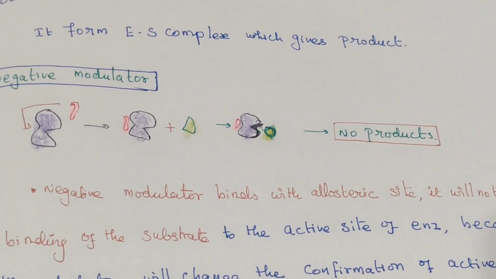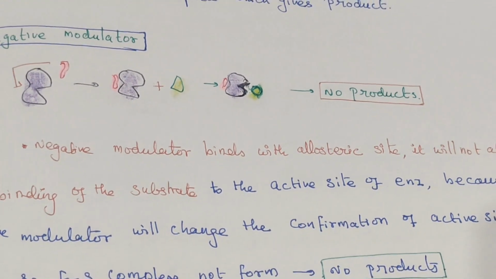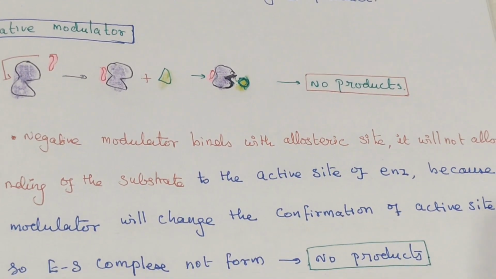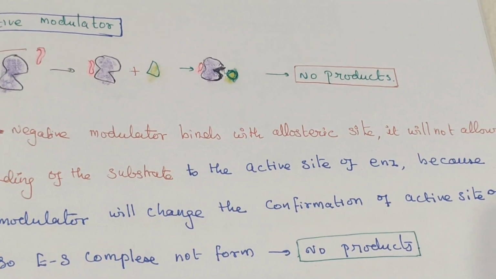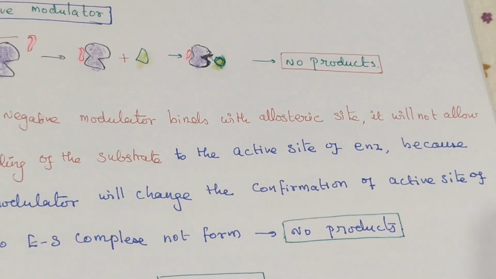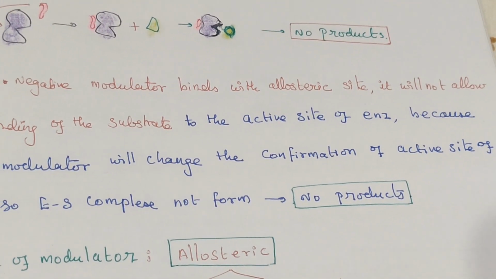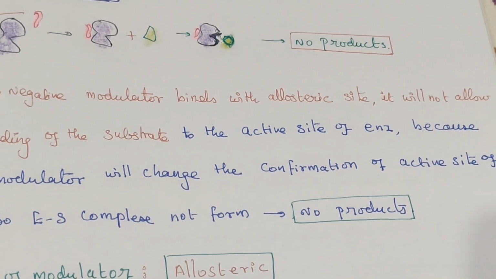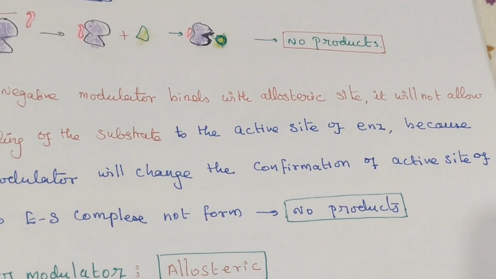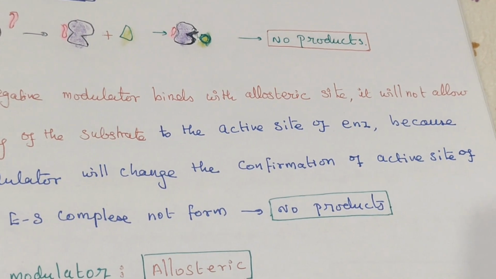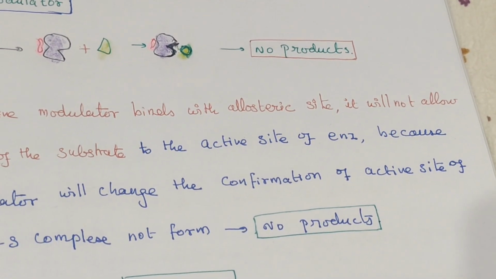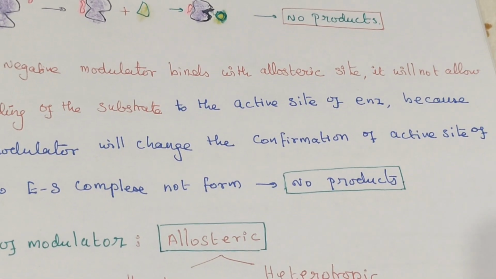In the case of a positive modulator, the active site is allowed to bind the substrate, thereby forming the product. Whereas in the case of a negative modulator, the active site conformation is changed in such a way that the substrate cannot bind with the active site, so no product is formed.